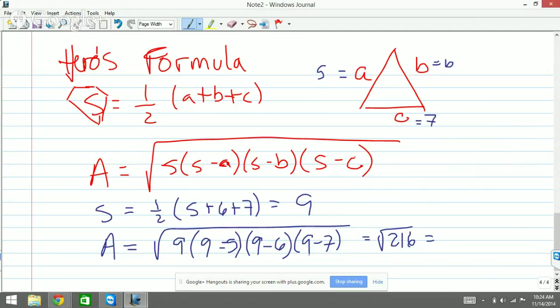No, it's a decimal. 14.697. Because you didn't square root it yet. Okay, so it's another formula, another way to calculate the area of a triangle. Units squared, because it's area.